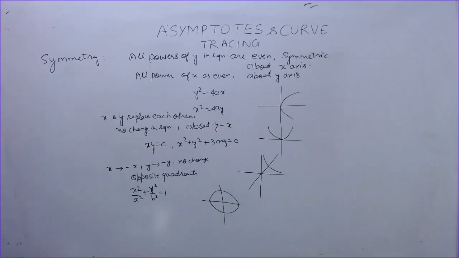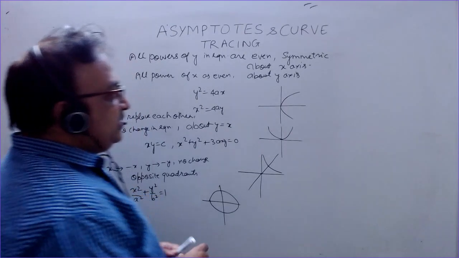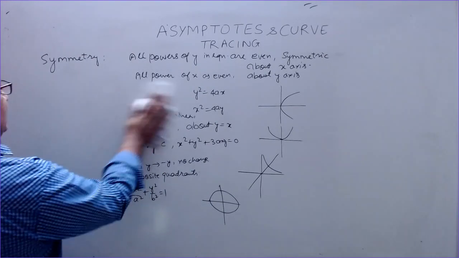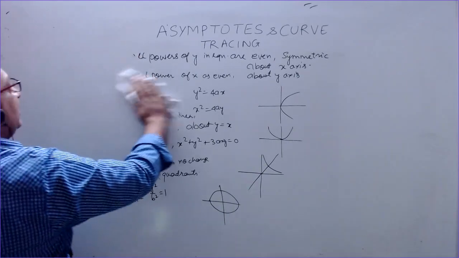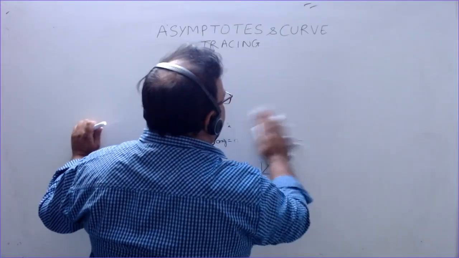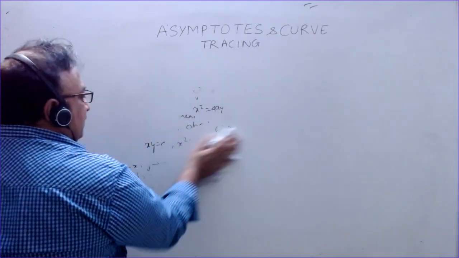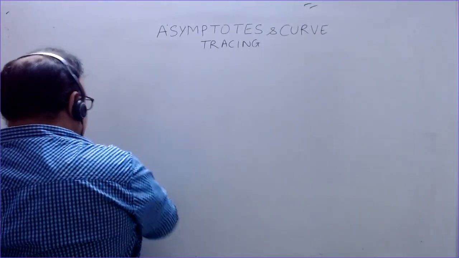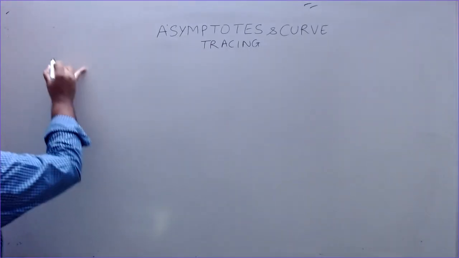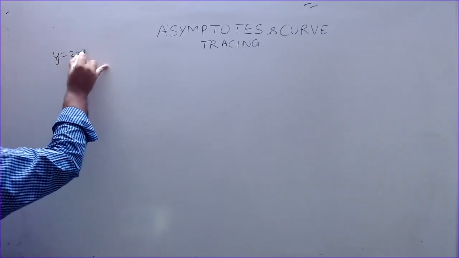After this, the second step is to check whether the origin lies on the curve or not, and you can do this by checking whether there is a constant term in the equation. A constant term is one that does not involve x or y or any other variable. Suppose I have y equal to 2x plus 3.